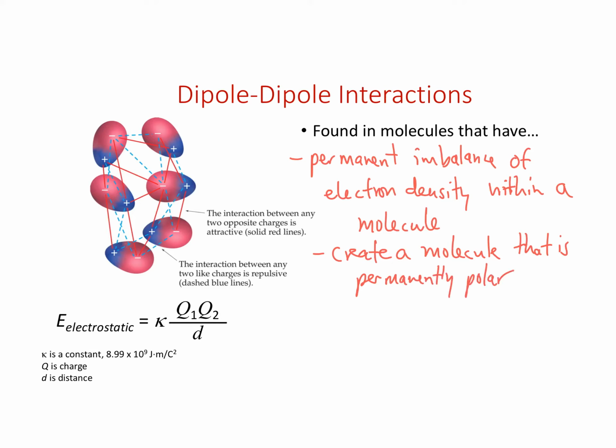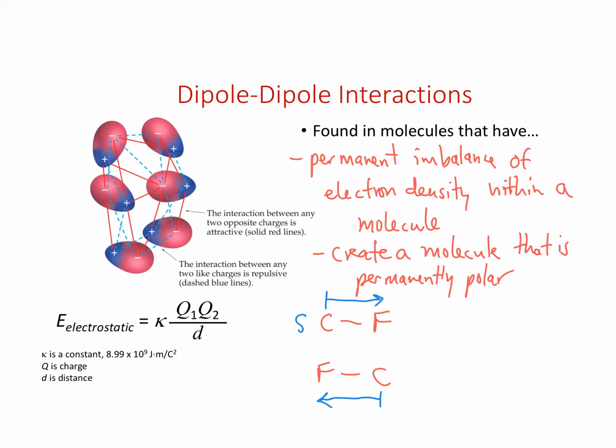So we could take a look at a carbon-fluorine bond. That would be a polar bond because fluorine is much more electronegative than carbon. And what that creates is a permanent imbalance of electron density because fluorine is able to pull that electron density closer to fluorine and away from the carbon.